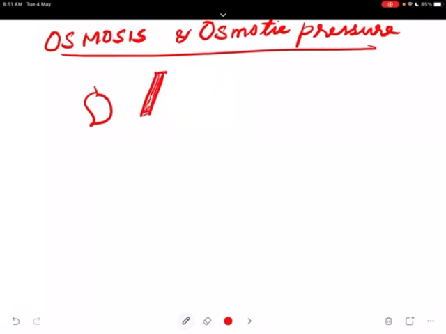Brine means a high concentration of salt water. What happens? Raw mangoes shrivel.